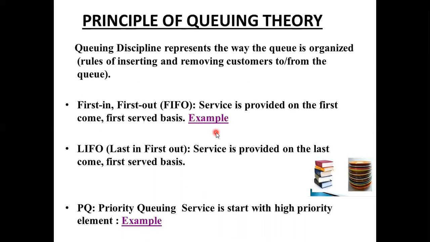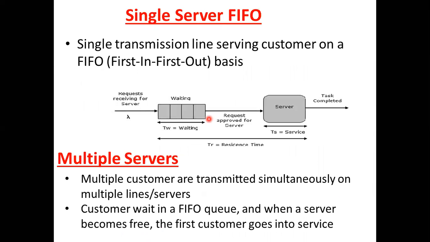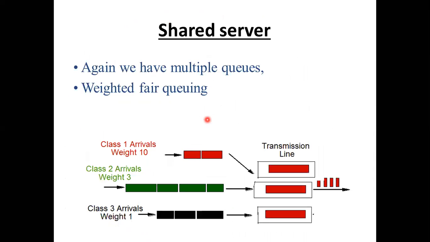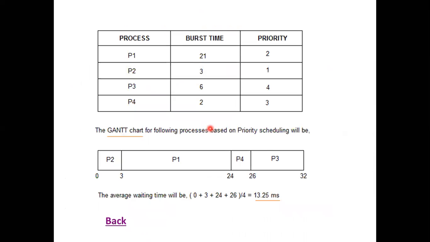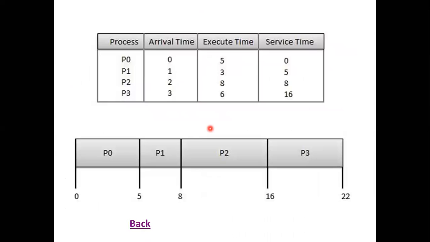For example, let us take the example of CPU scheduling. In this example, if you look here, they are using the first in, first out queuing theory.